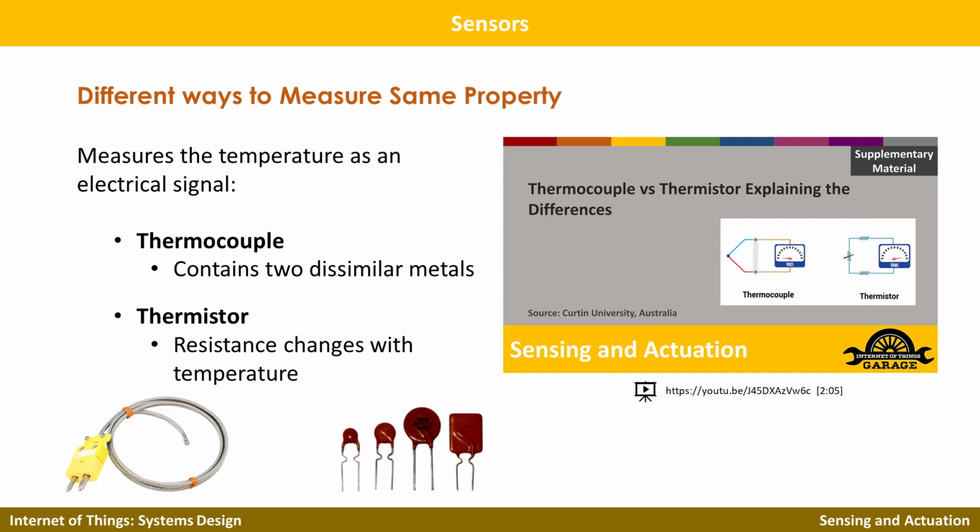Thermistor is where the resistance changes with the temperature. Please go and watch the video I have put here, where they have explained the two ideas in great detail. It will help you to understand the differences between the two techniques.